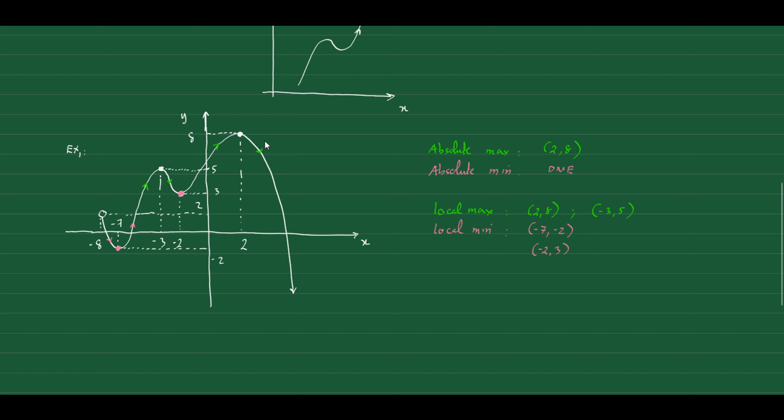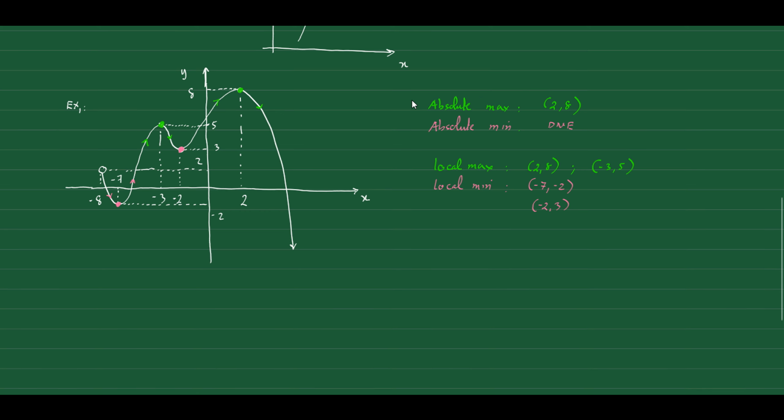So we have two local min, and we have two local max. Okay, and the point over here doesn't give you anything. So it's not really that bad.